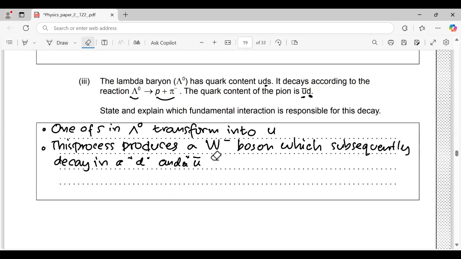It means one antiquark, one down quark, and one antiquark.